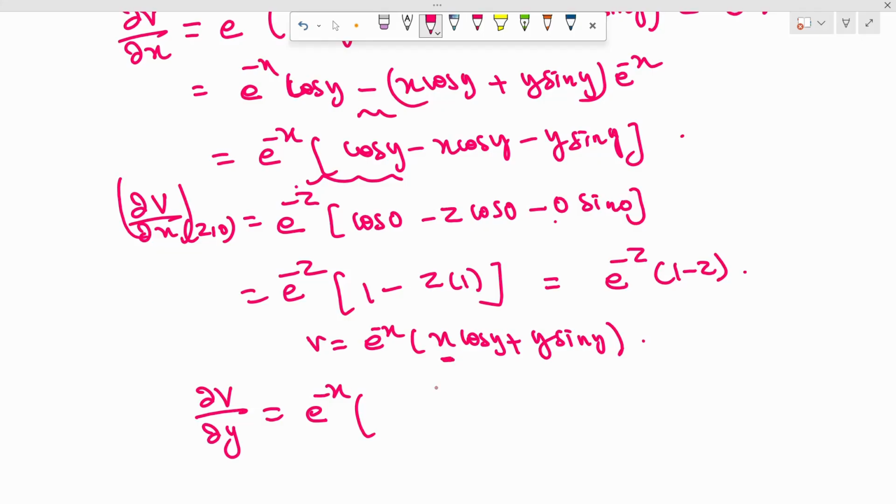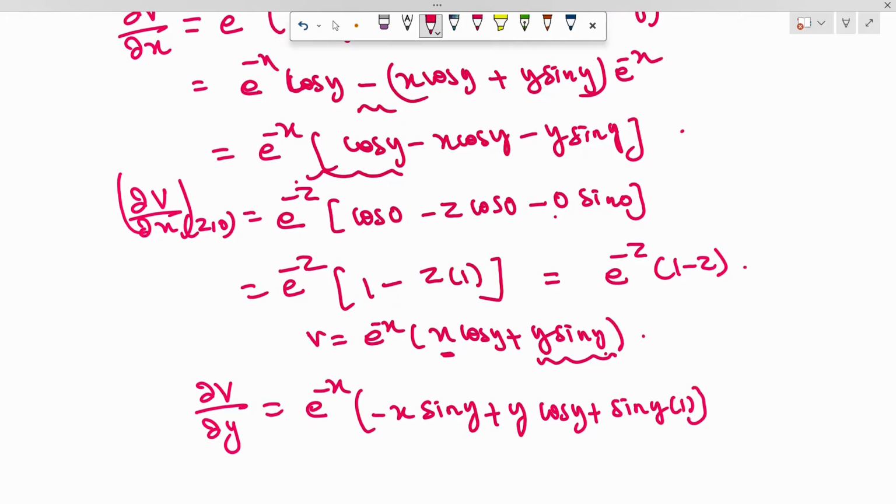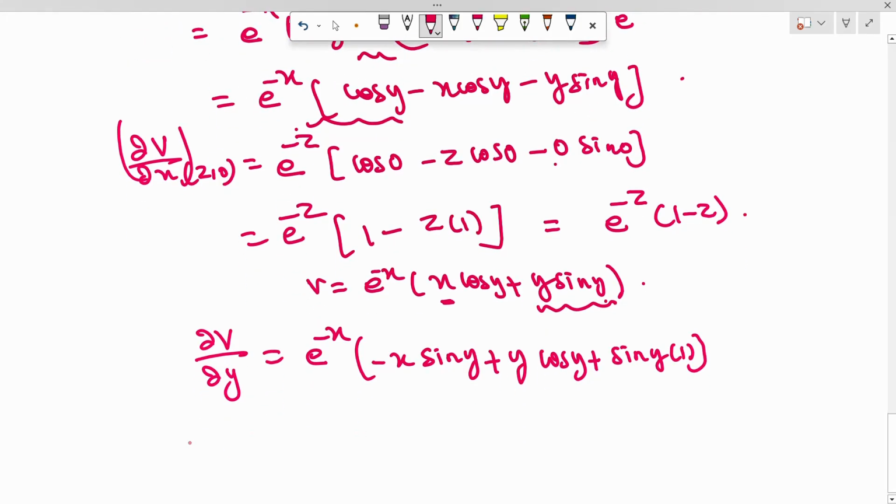Here x is also constant. Differentiation of cos y is minus sin y, which gives minus x into sin y, plus, here there are two y terms, so with the help of the UV rule we can easily differentiate: y into differentiation of sin y is cos y, plus sin y into derivative of y, which is 1. Now calculate dou v by dou y at z comma 0.